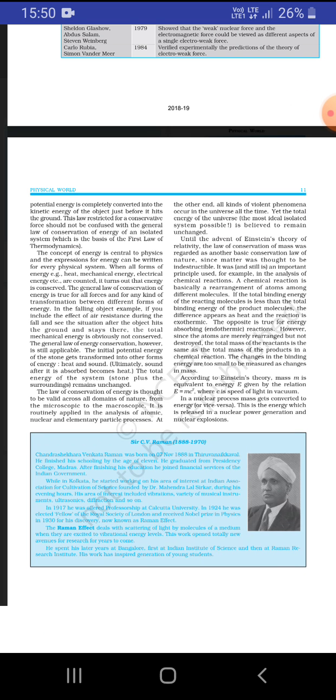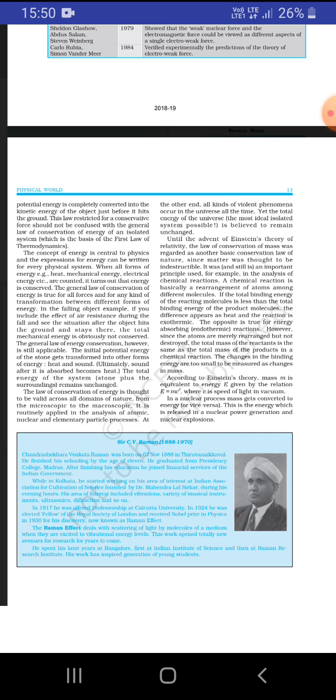And we have learnt about microscopic and macroscopic topics. It is routinely applied in the analysis of atoms and nuclei, and this phenomenon occurs in the whole universe all the time.